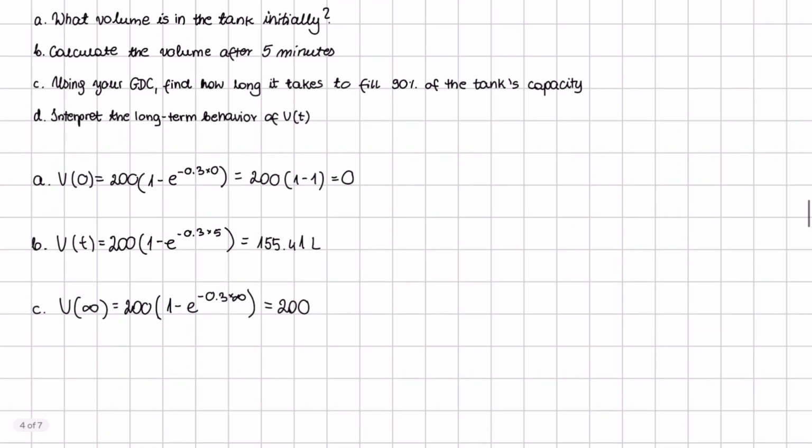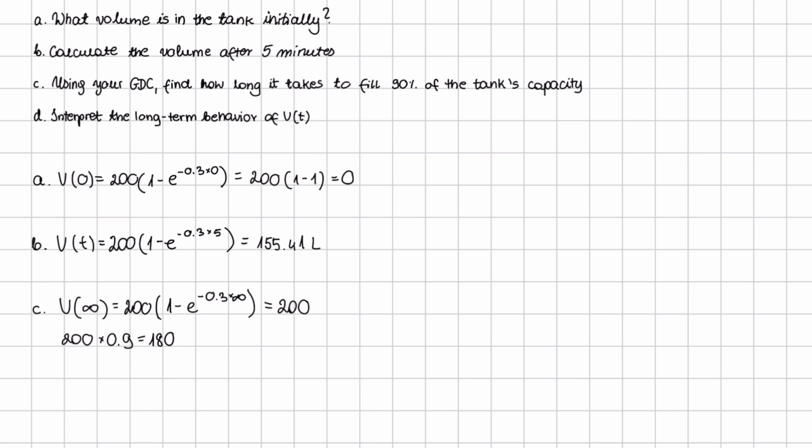And now, because we have to find how long it takes to fill 90% of the tank's capacity, we have to multiply 200 with 0.9, because 90% is the same as 0.9, and this is 180.